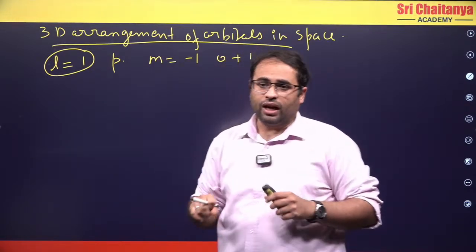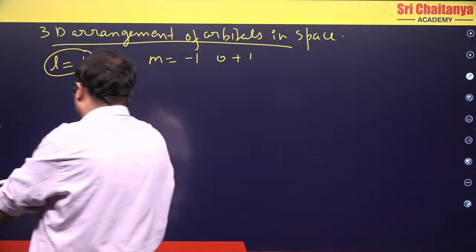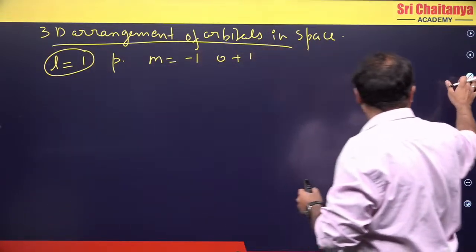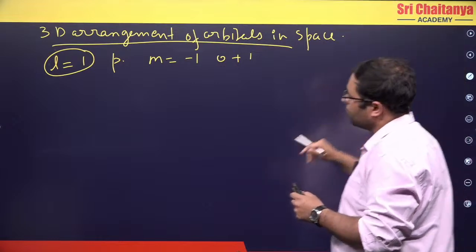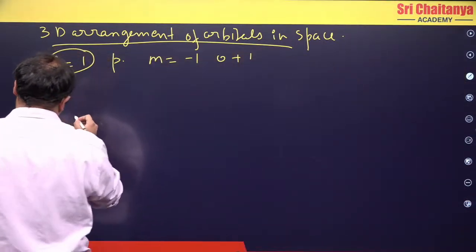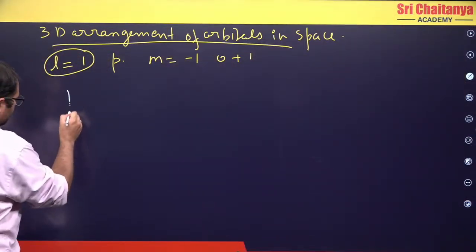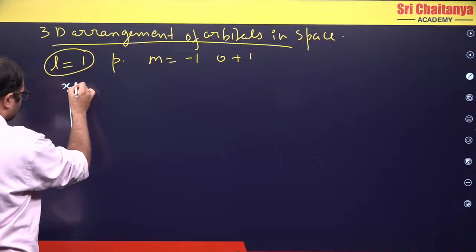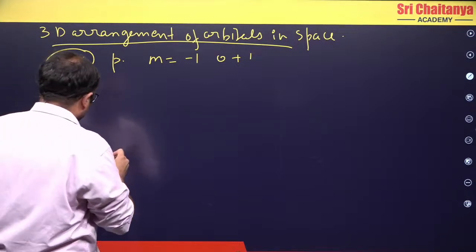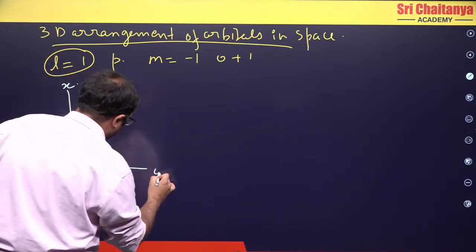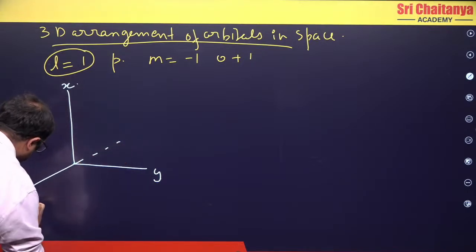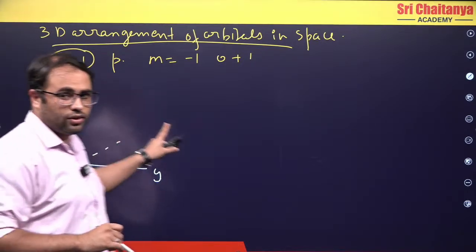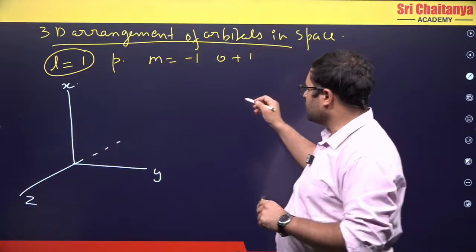So what do I mean by that? What I mean is, suppose you have 3 axes. Suppose this is your x-axis, right? Then this will be your y-axis, and this going in is your z-axis, right?